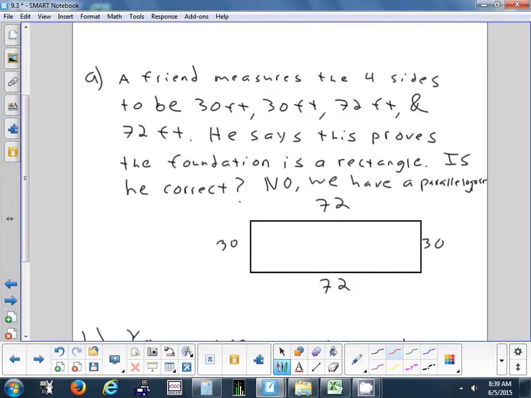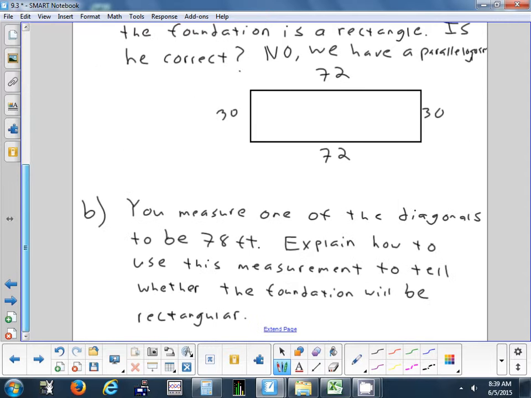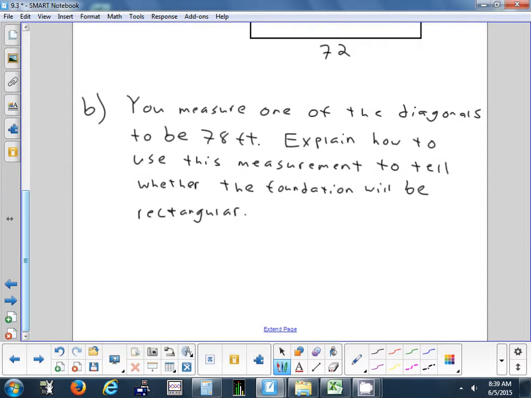If you really want to make sure that a doorway or a window is square, you measure the diagonals. Let's take a look at why. The other friend here measures the diagonals to be 78 feet. Explain why this shows you that the foundation will be rectangular. I'm not even telling you, will this determine if it's rectangular? I'm telling you it will. I want to know why.